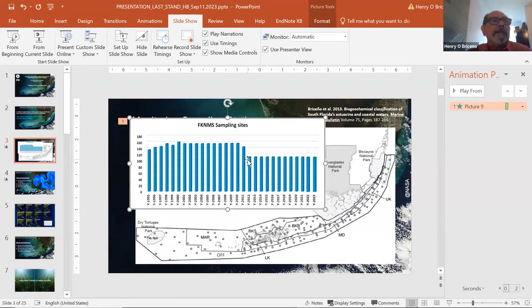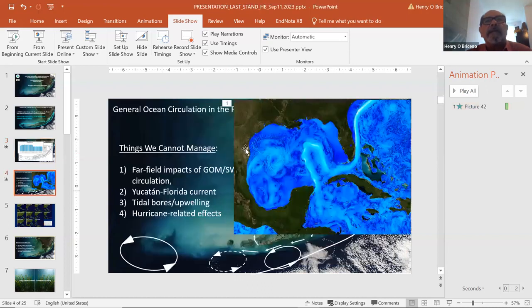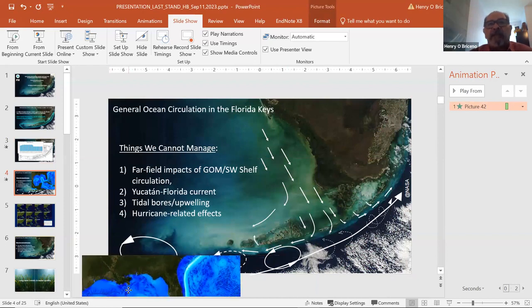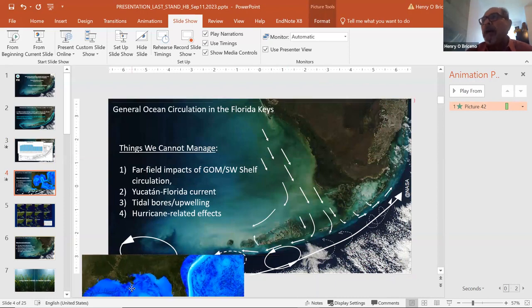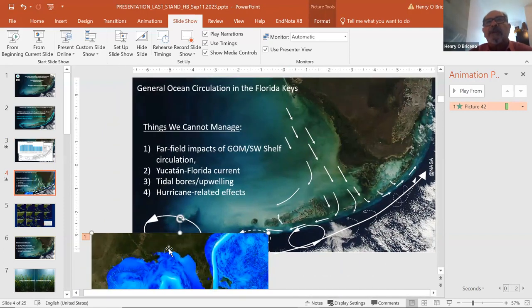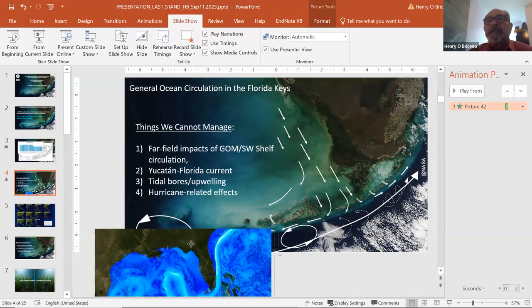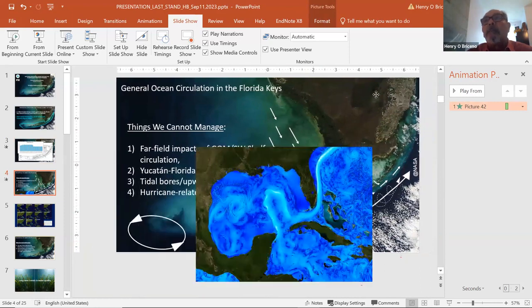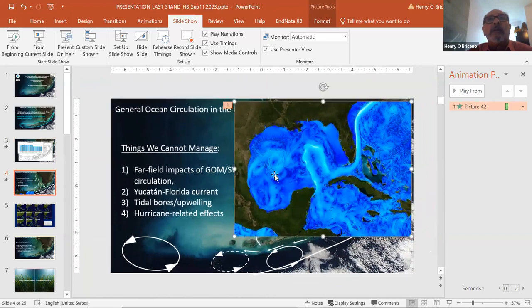And now you can see that our waters in the Florida Keys are very complex because of the circulation patterns. So it's not very easy to define water quality in our system because we have all these currents moving around, and there are some things that we cannot control for.